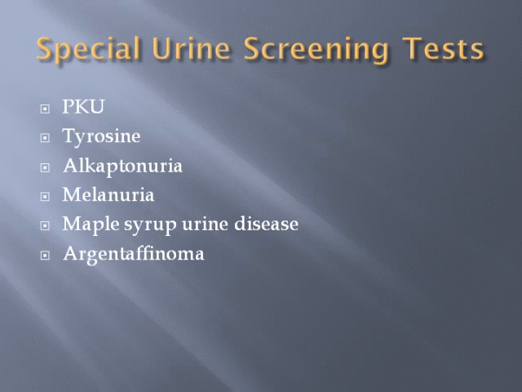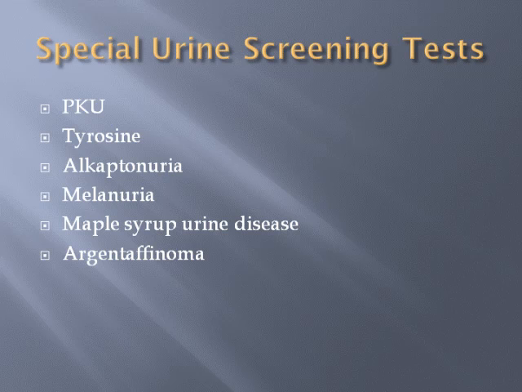So for PKU testing, you can also test for tyrosine in the urine, and this is also due to inherited or metabolic issues. A lot of times tyrosinemia, or excess tyrosine in the system, is fatal and results in liver and renal diseases. So there is a screening test and a confirmatory test for this.